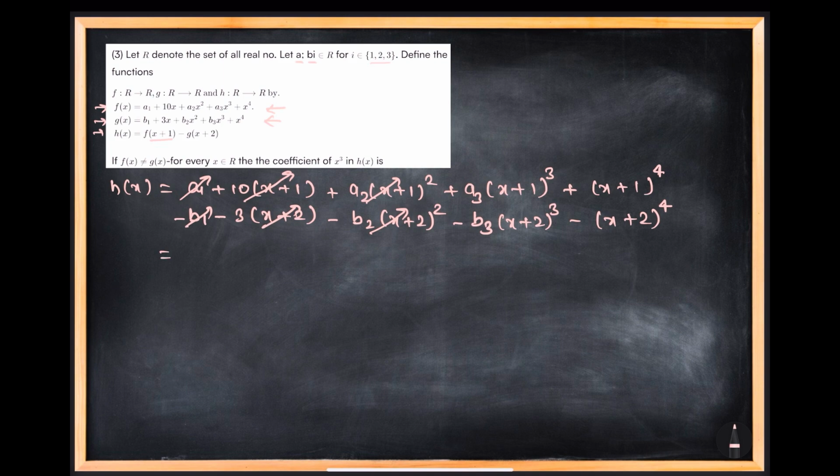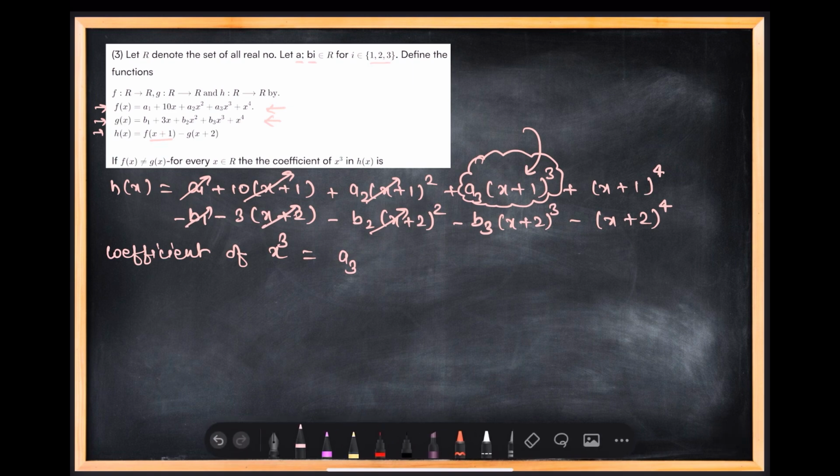Now look at the first part. We are directly writing the coefficient of x cube. From here we will apply binomial in this part. So it is a3 for sure.